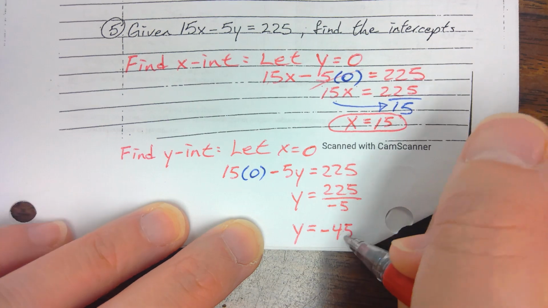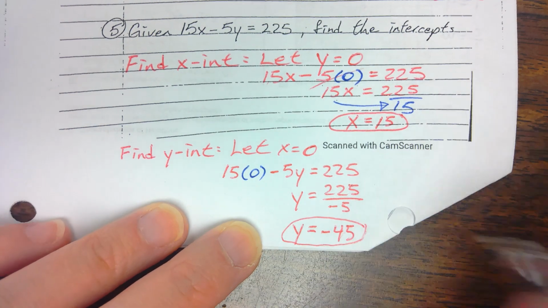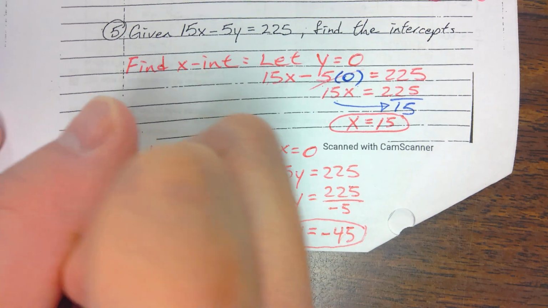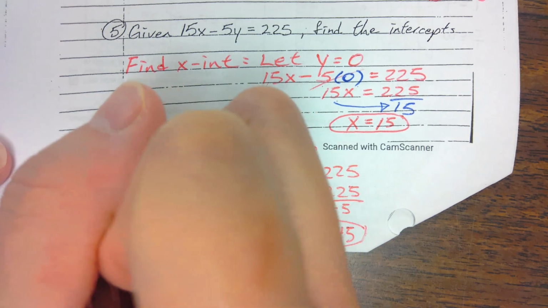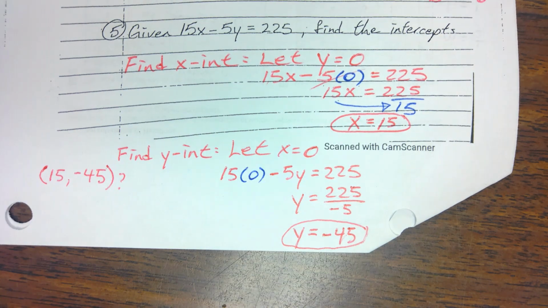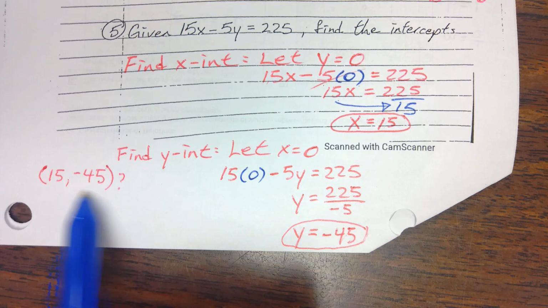-45. So does that mean I have the point 15 and -45? Charles? I have x equals 15, I have y equals -45. Does that make this point?